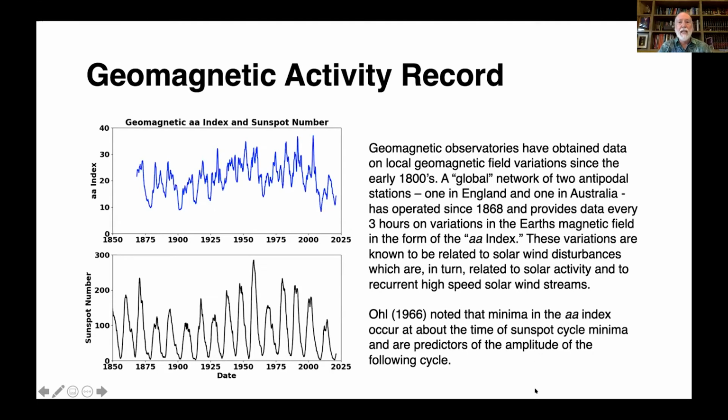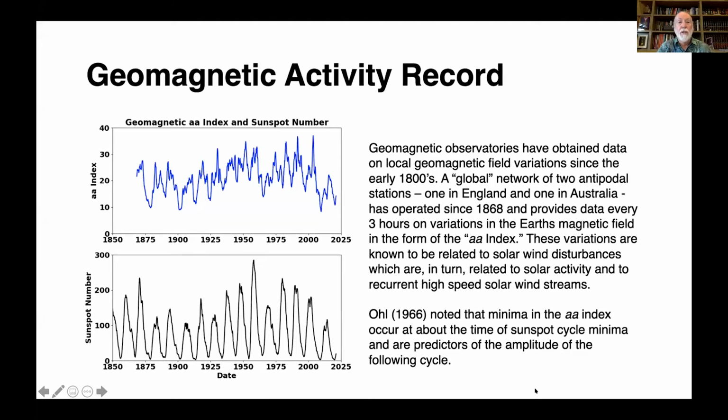Getting on to geomagnetic activity, geomagnetic observatories have been obtaining observations since the early 1800s. There was a global network of 2 stations, one in England and one in Australia, that has operated with some slight changes since 1868 and provides data over the course of 3 hours on how much the geomagnetic field changes at those stations, and produces what's called the AA index.